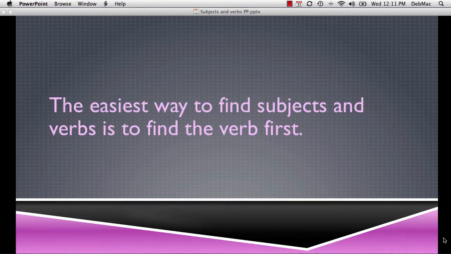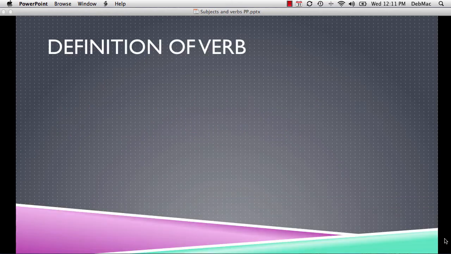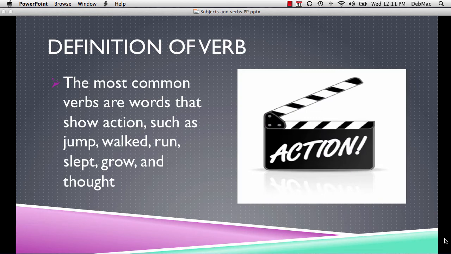The easiest way to find subjects and verbs is to find the verb first. Let's recall what the definition of verb is. The most common verbs are words that show action, such as jump, walked, run, slept, grow, and thought.